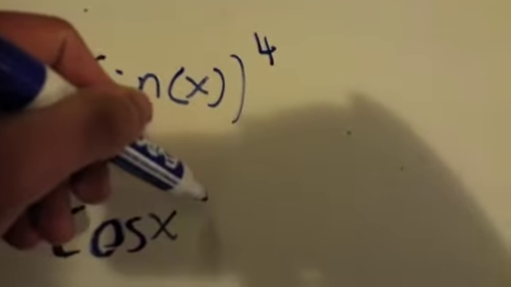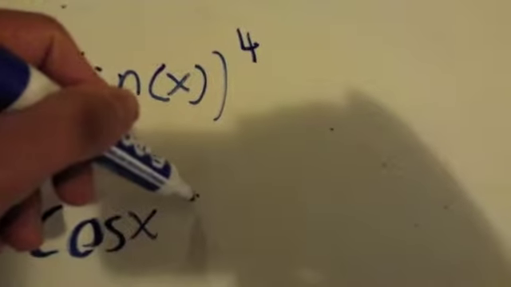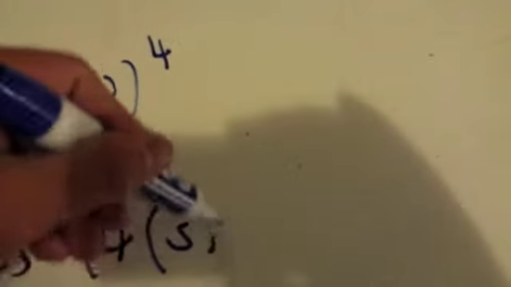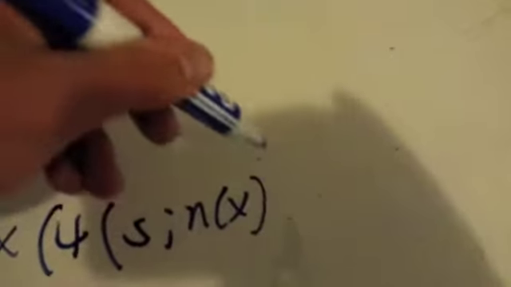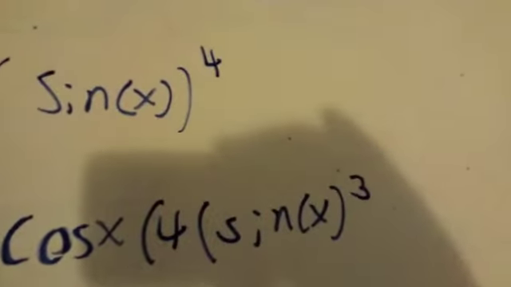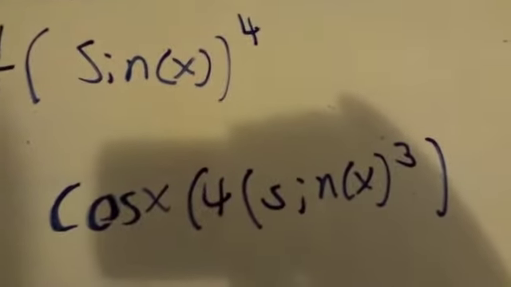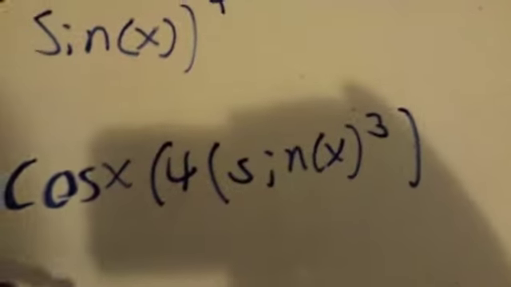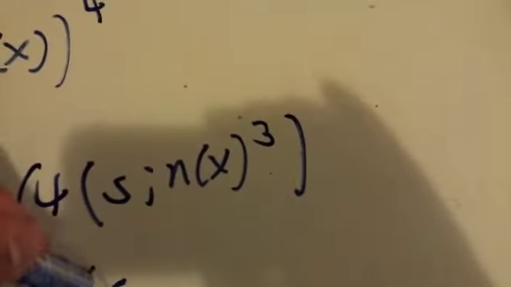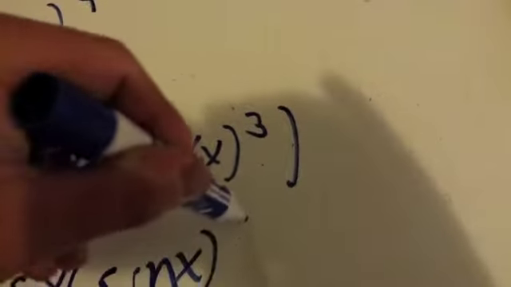And then multiply it by what you have left derived. So in this case, it would be times 4 times sine of x cubed. So as you can see, that would simplify to 4 cosine x sine of x cubed.